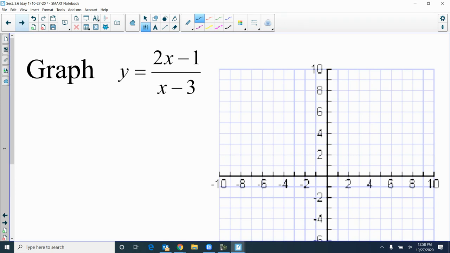All right, now once you got a few points, go ahead and graph on your calculator and see if it matches up with what you got. You might need to put it in parentheses, the numerator and denominator, especially if it doesn't convert it to a fraction automatically.